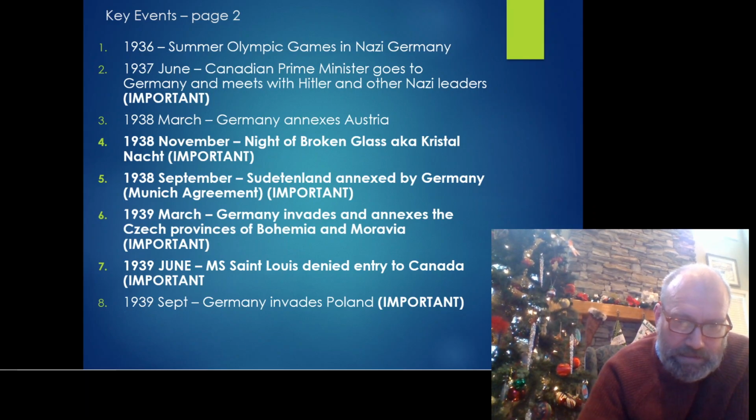This is the classic argument that appeasement doesn't work. If somebody's making an argument that appeasement doesn't work and they're against appeasement, this is the classic story to make that argument. Okay, 1939, March, Germany invades and annexes the Czech provinces of Bohemia and Moravia.